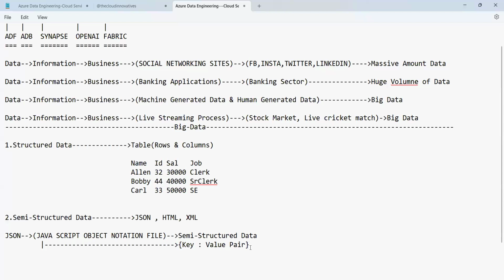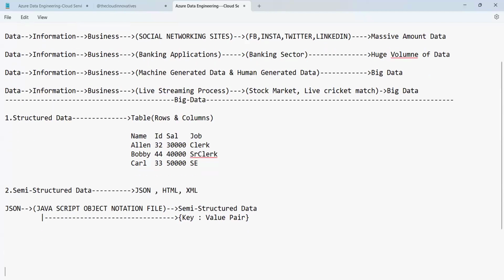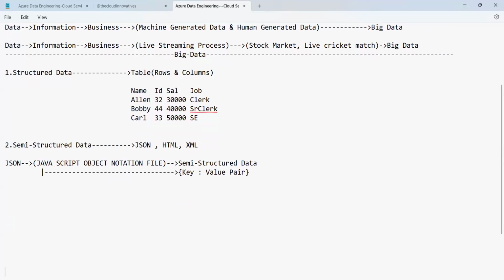So how is the data written here? Let us see. I'll write the data in the JSON format for your clarity. First of all, write down the key. The key is always kept in double quotes, where you have name, colon, then write Alan.